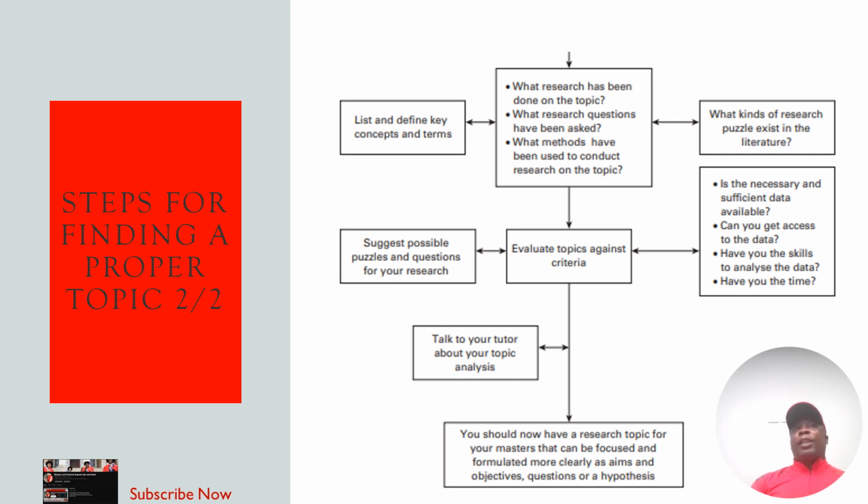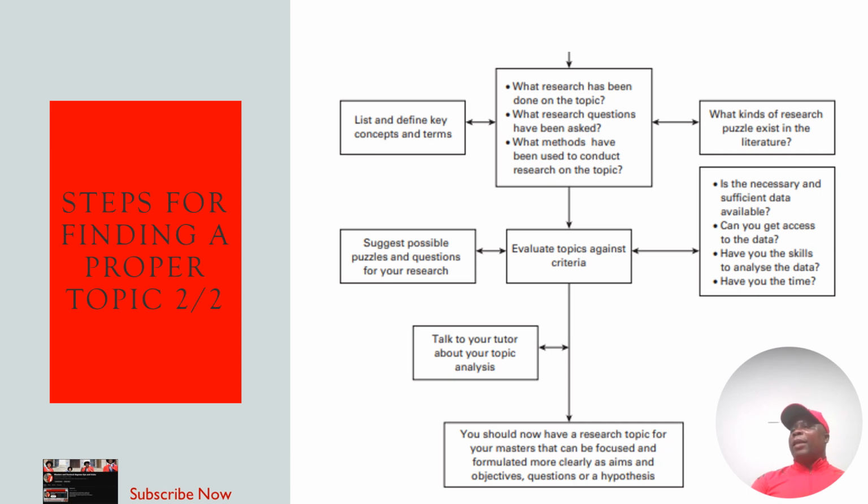Then also the most important thing that you need to take note of is time. Do you have time to carry out your study? If it's a mini dissertation, you might be requested to do that study in 3 to 6 months, so you need to take that into account. Master's by coursework normally involves a mini dissertation.